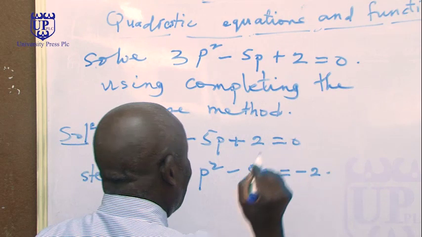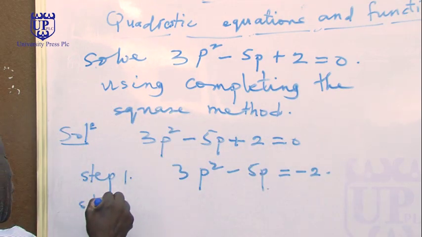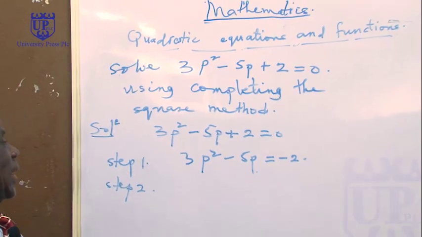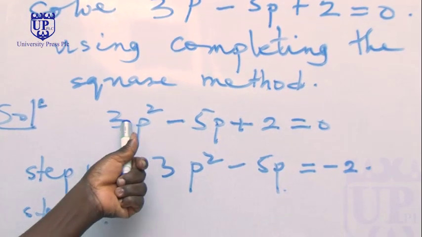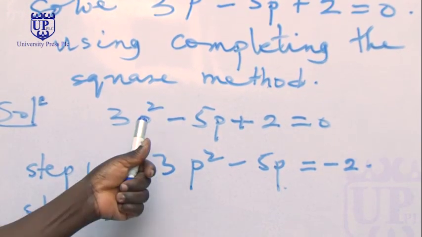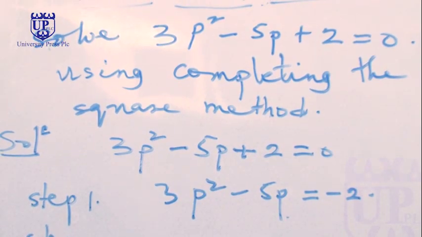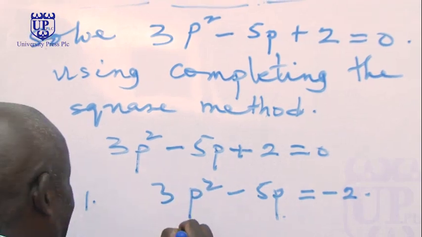Step 2: divide through by the coefficient of p squared. Please take note, this is a quadratic equation in p. You are used to x, but the variable here is p. Divide through by the coefficient of p squared, that is by 3.